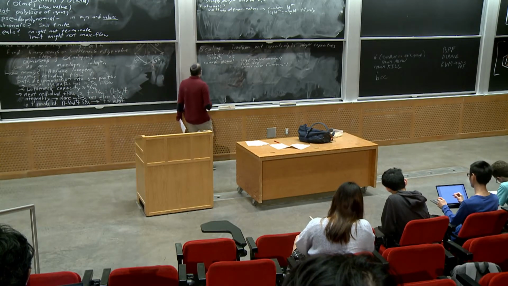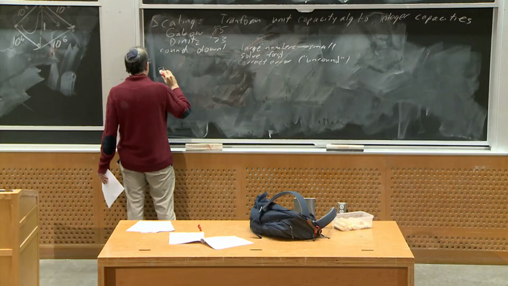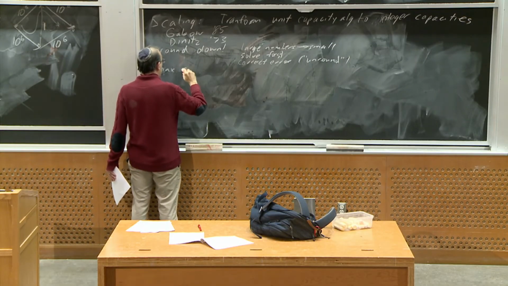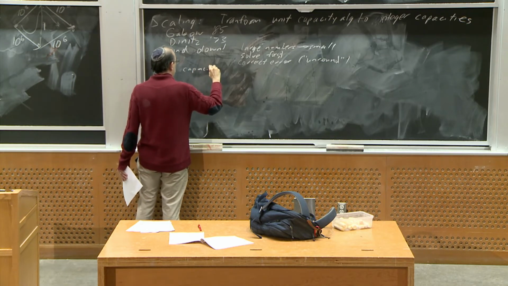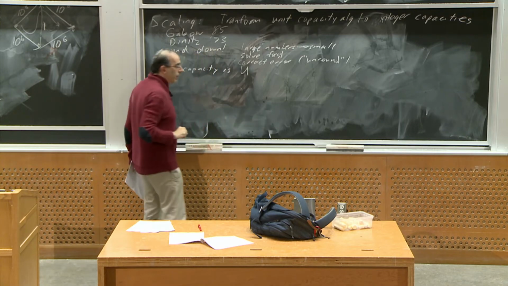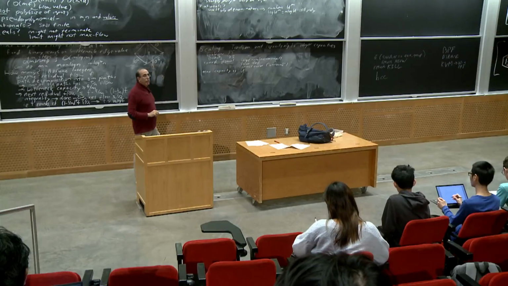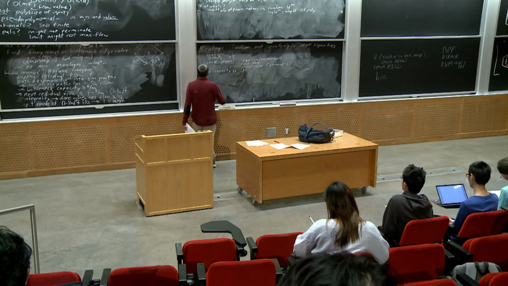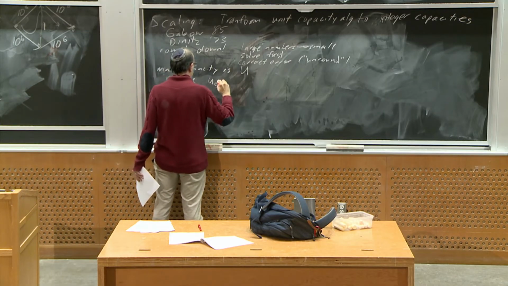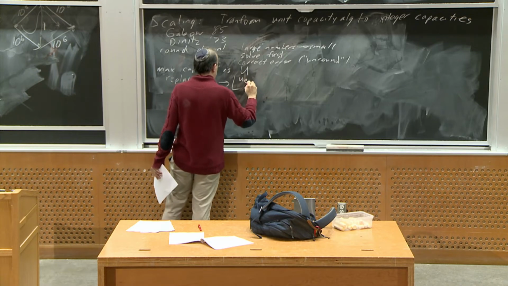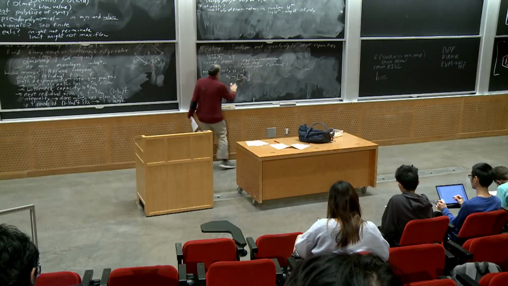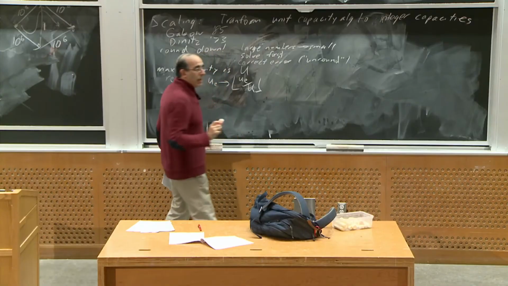In particular, let's suppose the maximum capacity is U. What I'm going to do is replace every capacity by a rounded down version of that capacity.